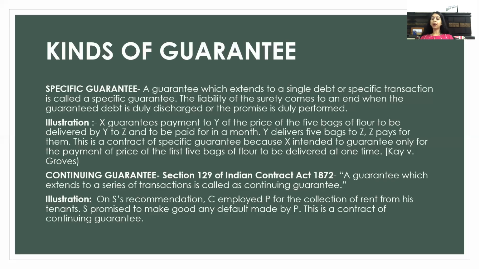For example, on X's recommendation, C employed P for the collection of rent from his tenant. S promised to make good any default made by P. This is the contract of continuing guarantee. जब तक P रेंट कलेक्शन का काम करेगा, एज अ एम्प्लॉय सी के अंडर काम करेगा, till then S is holding the guarantee for P.